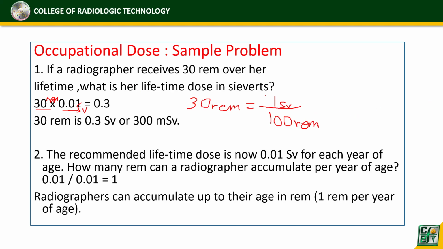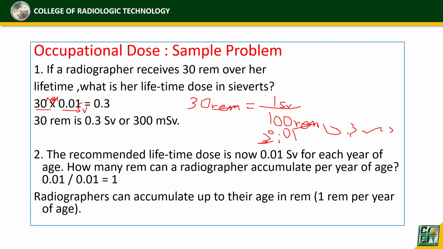So cancel natin si rem. Tapos divide natin yan, so magiging 0.01, kasi tatimes na lang natin sa 30. So we get 0.3 millisievert.